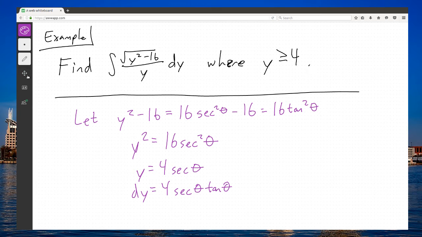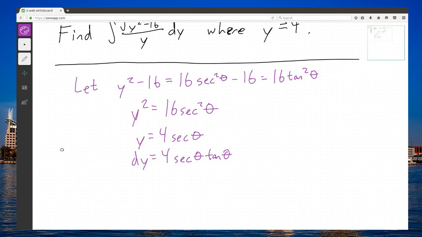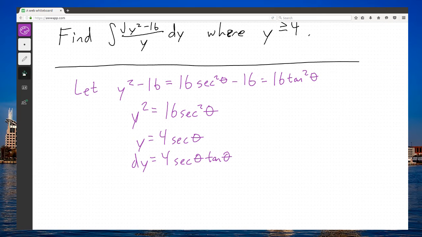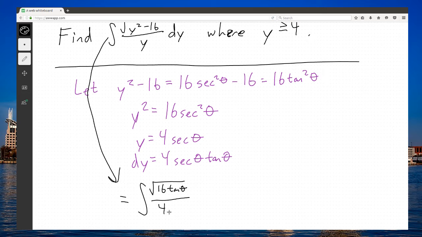So let's plug that in to the original. The square root of y squared minus 16 becomes the square root of 16 tangent squared of theta. We're dividing by y, which is 4 secant of theta. And then the dy is 4 secant of theta tangent of theta d theta.